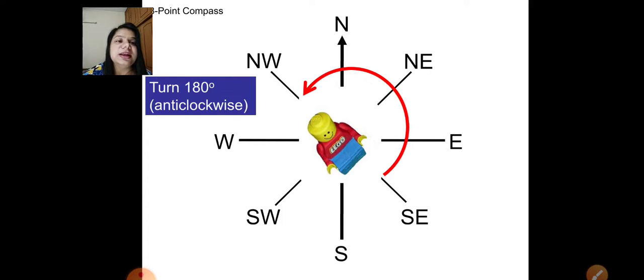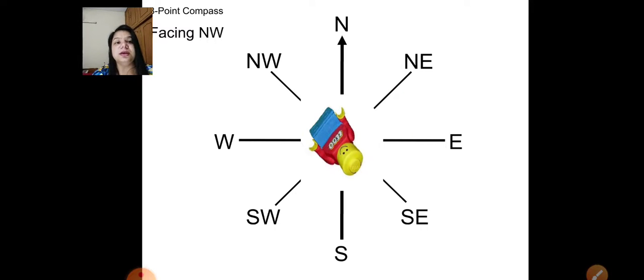So now if the Legoman is facing towards southeast and it has to move in anti-clockwise direction. Anti-clockwise means the opposite direction to the clock. Okay, so 180-degree from southeast, it will be facing northwest if it moves 180-degree in the anti-clockwise direction. Okay.